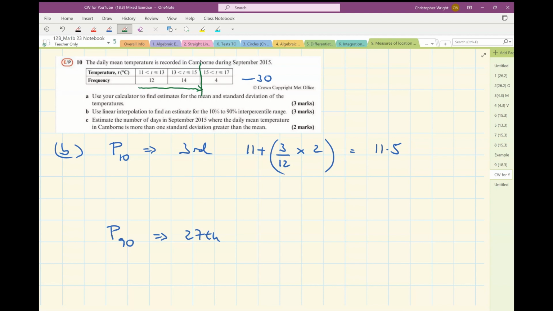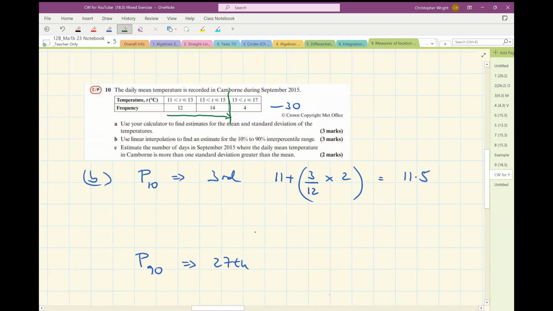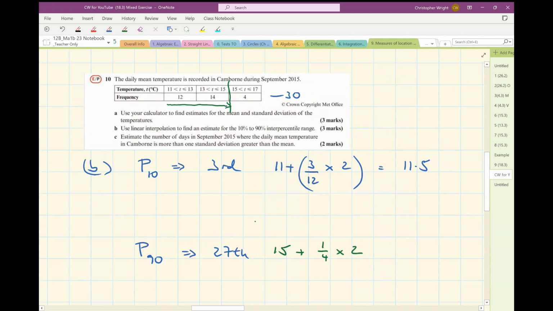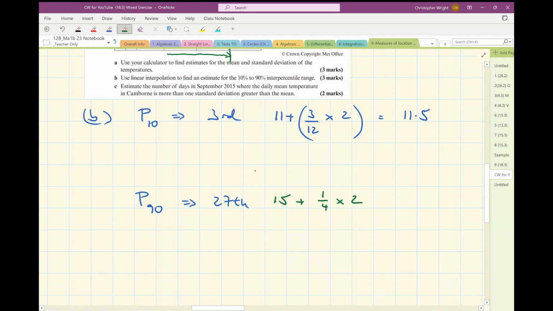So that's going to be 15 degrees, the beginning of that, plus a quarter of 2, which gives me 15.5. So what will the interpercentile range be from 10 to 90? It will be 15.5 minus 11.5. Okay, so simply 4 degrees.